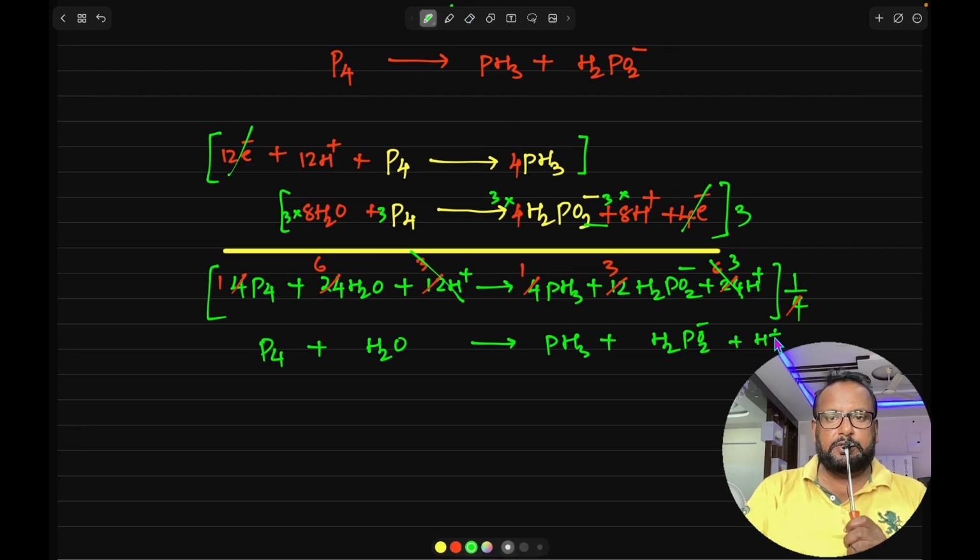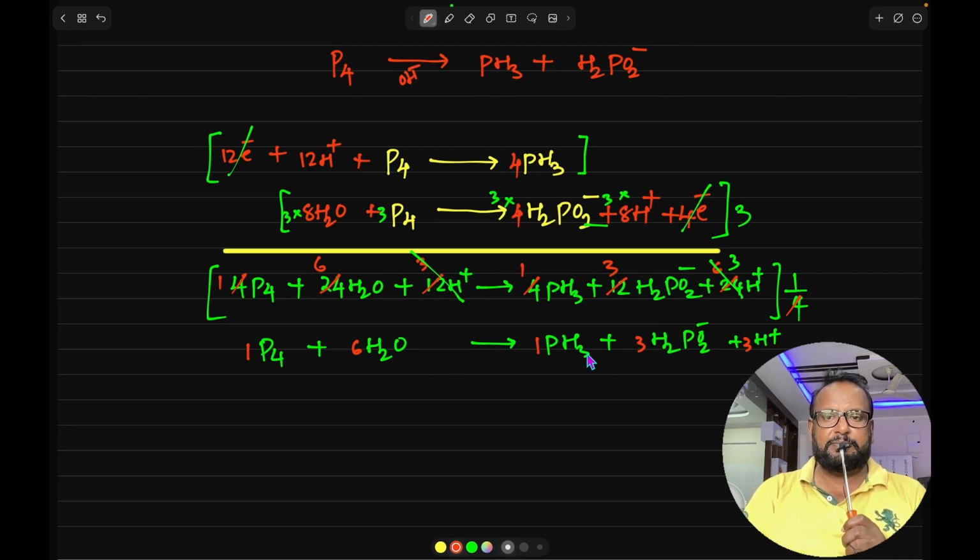So I'll put these numbers. So here I got 1, here I got 6, here I got 1, here I got 3, here I got 3. So this is the balanced reaction, but the reaction takes place in the basic medium.